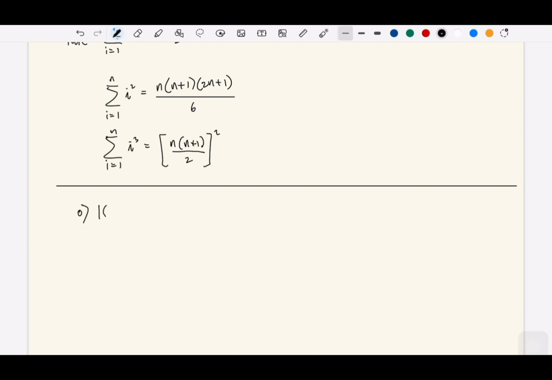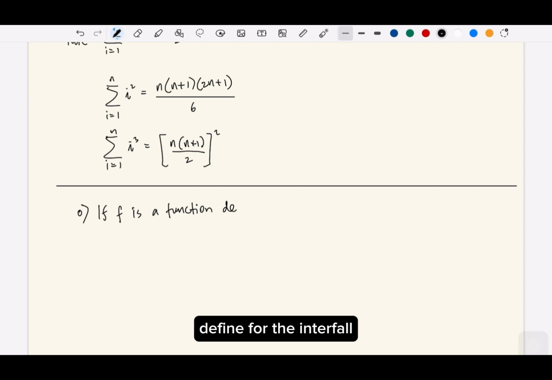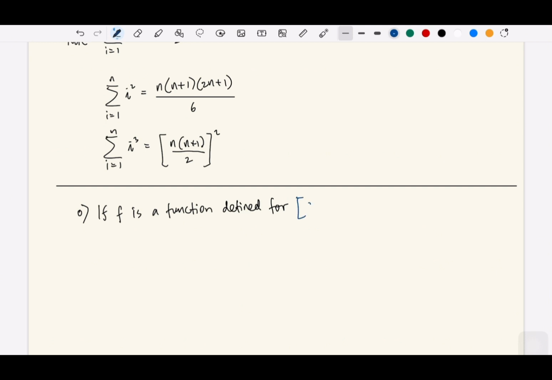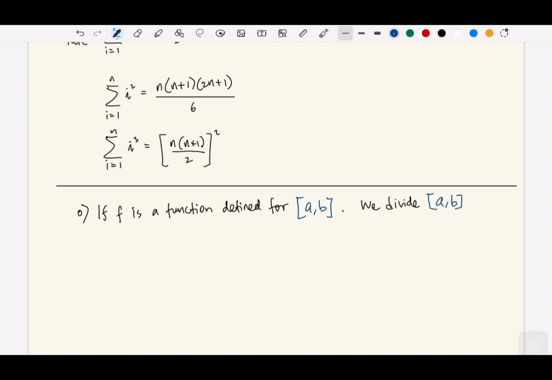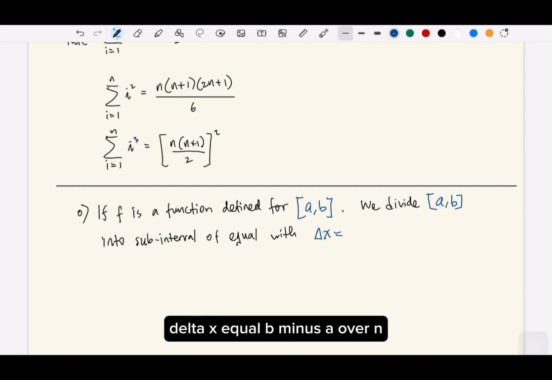So if f is a function defined for the interval [a, b], and then we divide the interval [a, b] into subintervals of equal width, delta x equals (b minus a) over n.